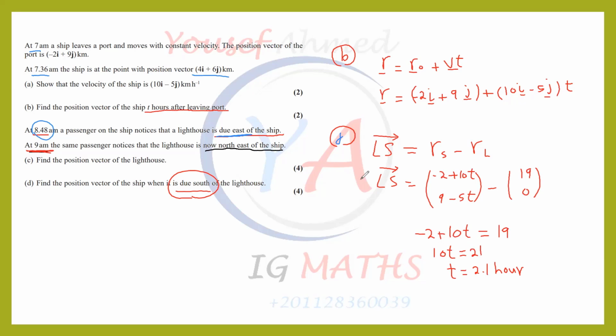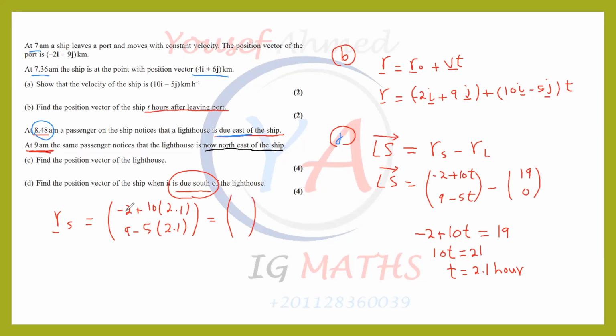So now to get the ship position vector, you replace in RS. It's minus 2 plus 10 multiplied by 2.1, and then 9 minus 5 by 2.1. You'll again notice that no change happens in the i component because it's due south. So the change will be only in the j component.